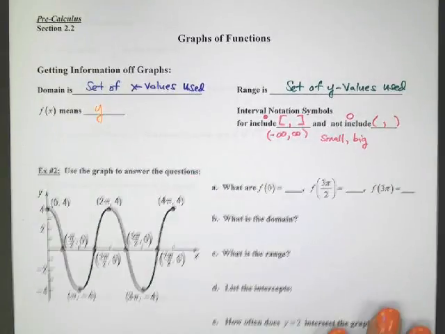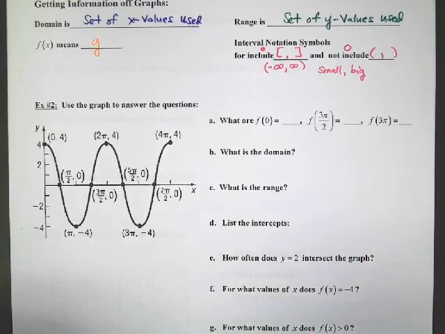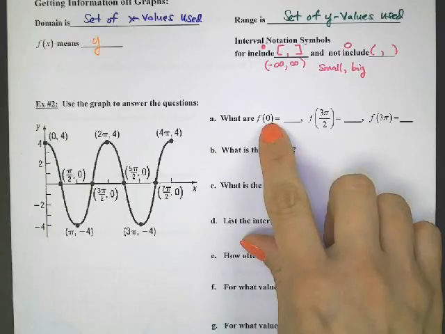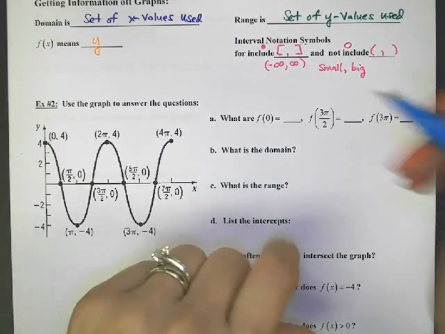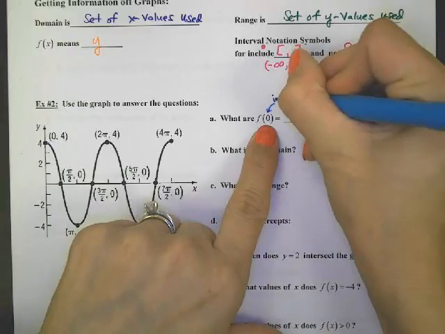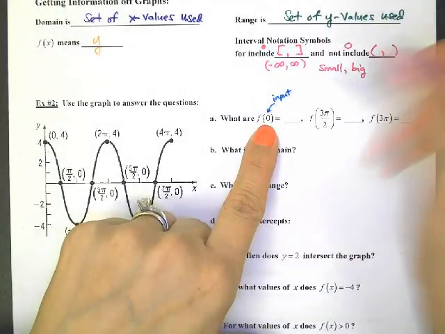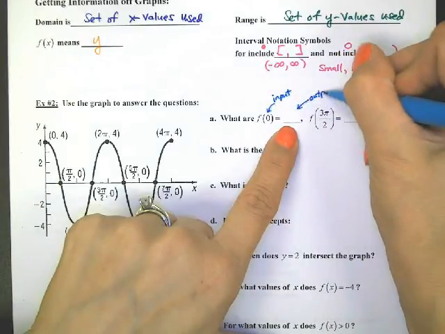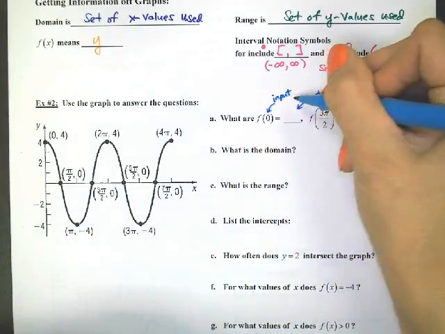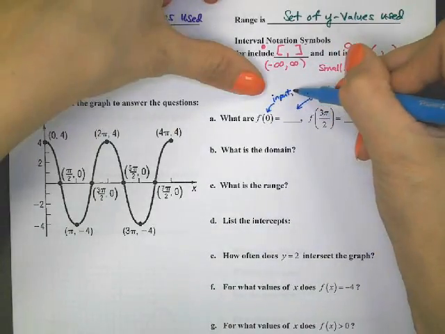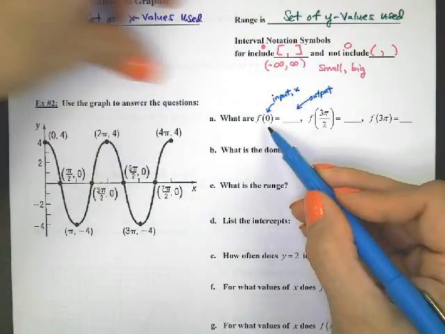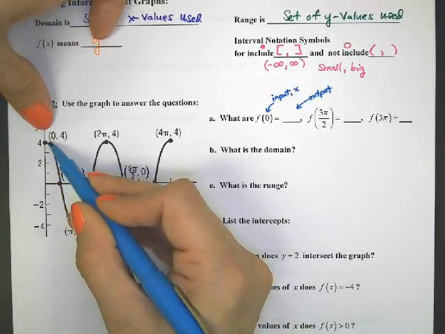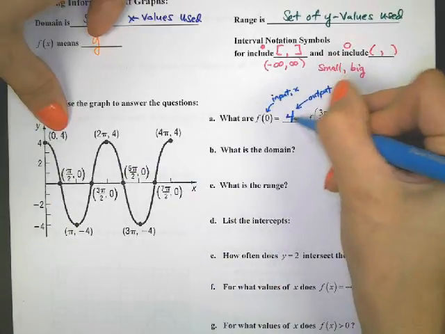Okay, so here's our graph, and we're going to answer some questions about it. When it says f of 0, what they want you to do is put 0 as the input, and they want you to come up with the output. When I say input, does that mean x or y? Input is the x. So if I put 0 in, here's the point on the graph, 0 in, 4 comes out.